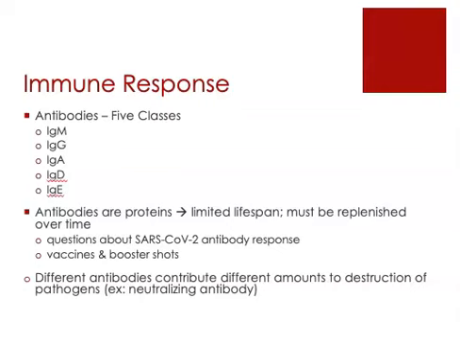We just don't know yet because all of this is happening for the very first time. But what you should understand as a student of microbiology is that anytime antibodies are produced, whether by a natural infection or through vaccination, those antibodies are only going to last for a certain amount of time. And when antibodies don't last very long, that means sometimes we can be reinfected, and sometimes we need to be vaccinated more than once.